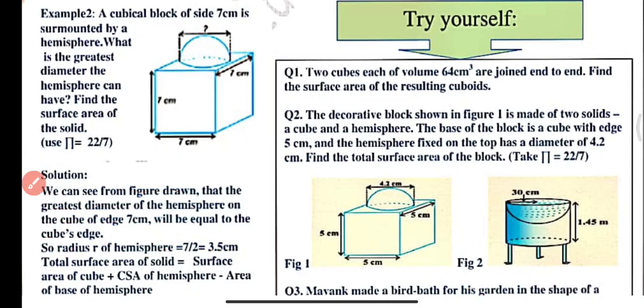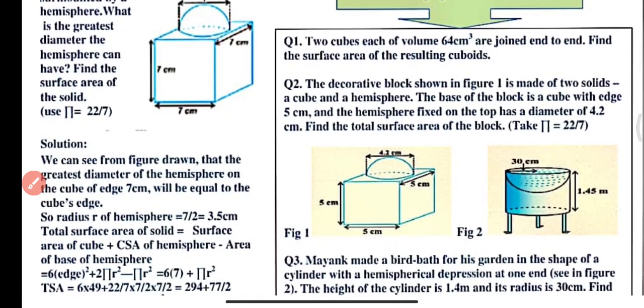So now total surface area of the block will be the surface area of cube, that is 6a square, plus curved surface area of hemisphere, that is 2 pi r square, minus area of base of hemisphere, as this circular base we can't see from our eye as this is hidden part of the hemisphere. So this area we have to subtract.